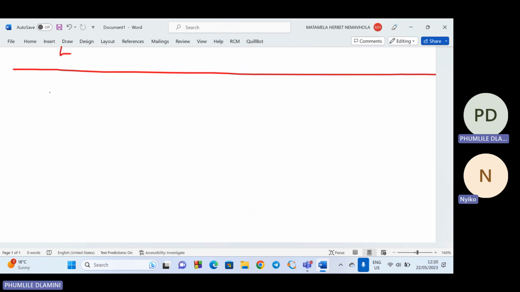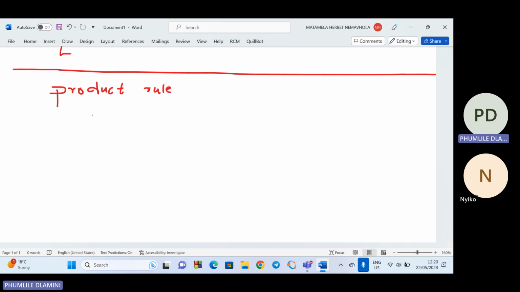The first rule I'm going to talk about is the product rule.